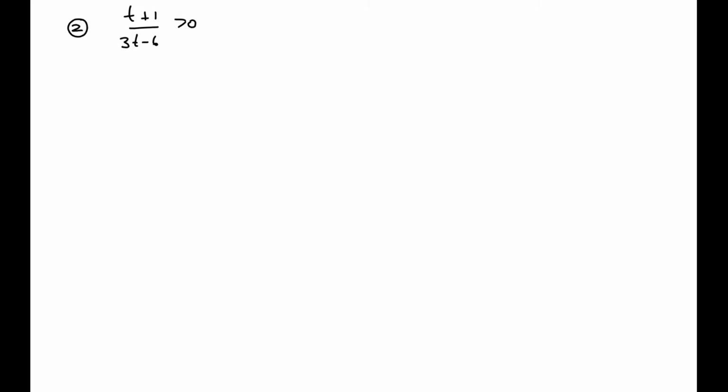If we've got a fraction that's positive, then to get a fraction it must be a division sum.